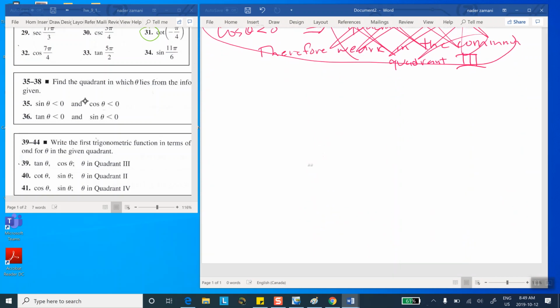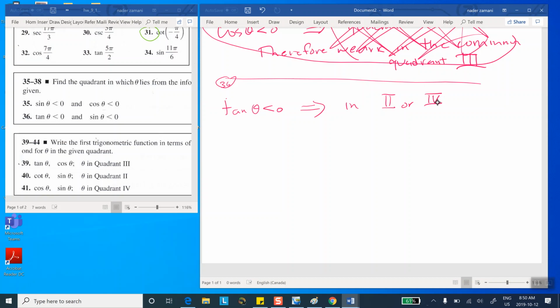All right. Let's look at the next one. So let me try to write this the way I want it to be answered. This is number 36. Tangent theta negative. Now, if you memorize where it is, the answer was we are in quadrant 2 or 4. Negative tangent in quadrant 2 or 4.